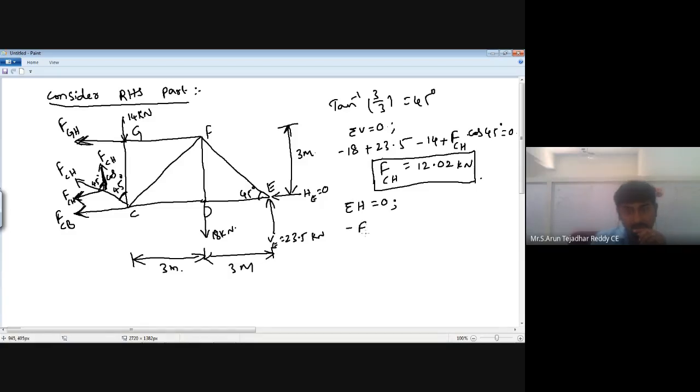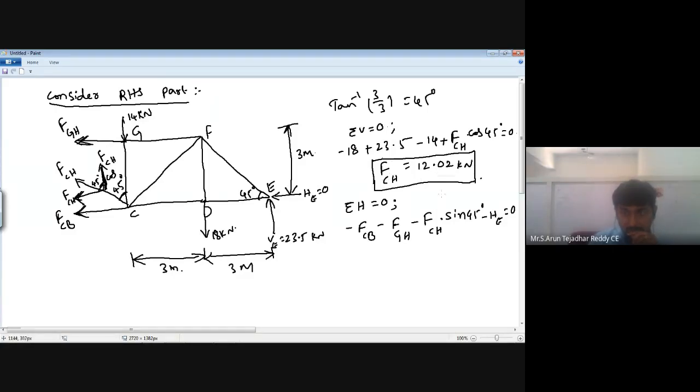Minus FCB minus FGH minus FCH sin 45 degree. In vertical we applied cos, now here apply sin. Minus HE is equal to 0. Already we know that FCH value.